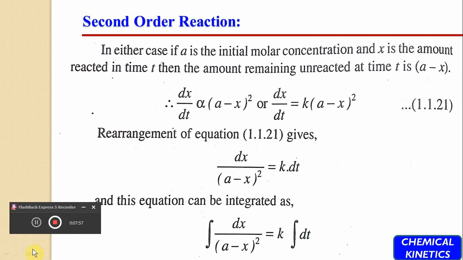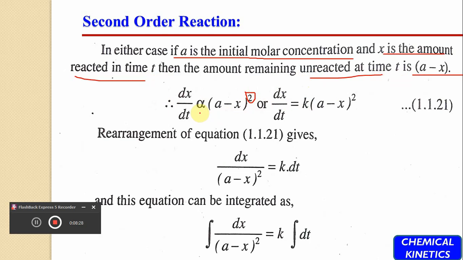If a is the initial concentration of the reactant, as we already discussed for the first order reaction, and x is the amount of product formed in time t, then the amount of reactant remaining unreacted at time t will be a minus x. As it is a second order reaction, it will have the power 2, so two reactant concentrations decide the rate of reaction, and this power indicates the order of reaction.